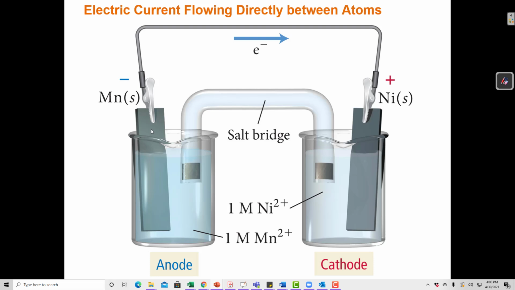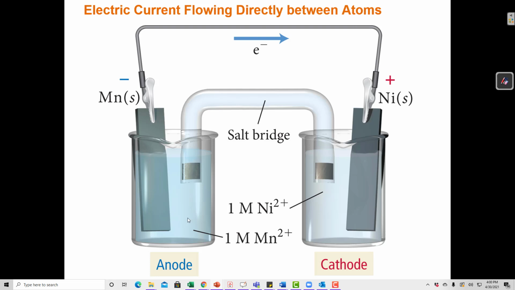Here's one piece of metal connected by a piece of metal that's hooked up to a piece of metal, that's hooked to another piece of metal and another piece of metal. Remember, metal is a conductive material, so all of these components along the way, maybe copper wire and aluminum clips and a nickel electrode and so on, as long as they're conductive material, the electrons can travel along the metal.